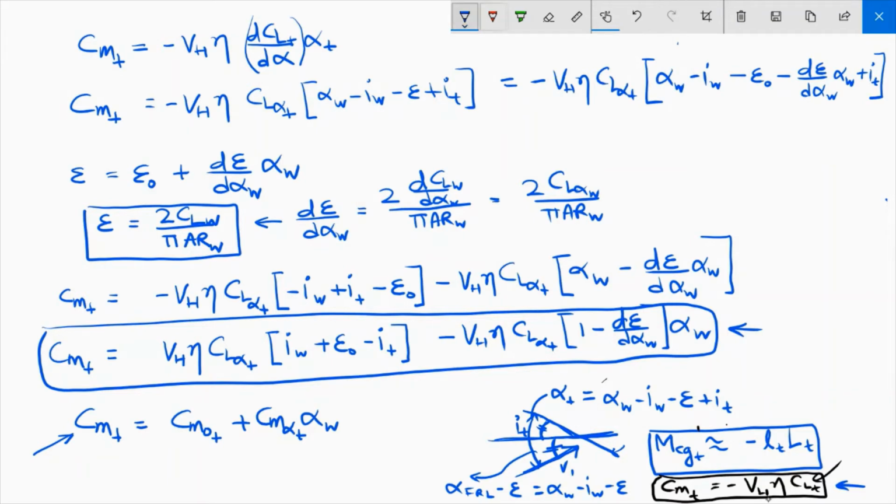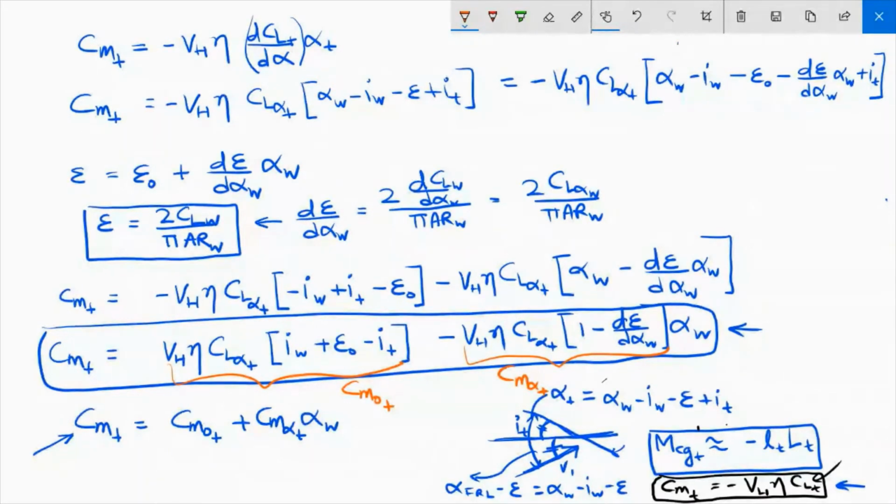We see that this first term is your CM0T, and this is the slope, CMαT. It helps to separate them out because the slope and the offset have two different effects, as you have seen in the past, right? The slope will determine whether this is statically stable or not, and the offset has to do with the angle of attack at trim point. That is the reason we are always separating the offset and the slope.